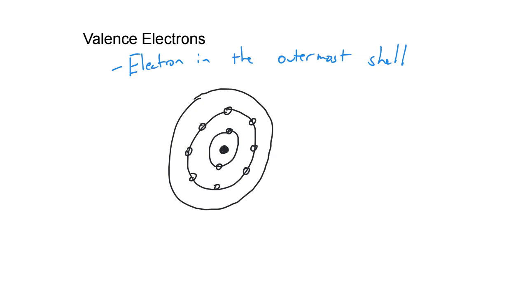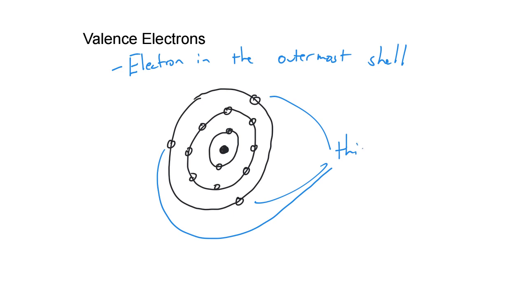So they can't fit into any of these lower shells. So they only fit into this outermost shell. And here we can say that this atom has 3 valence electrons.